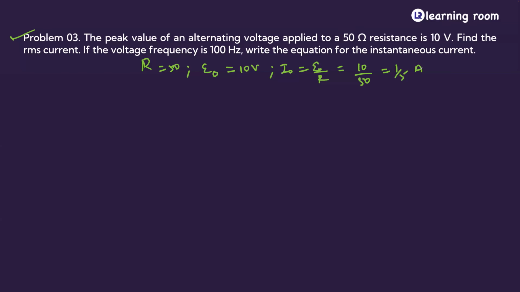But since they are asking the RMS current, I RMS is equal to 0.707 times I naught. So 0.707 into 0.2 is going to be how much? Basically 1.414.